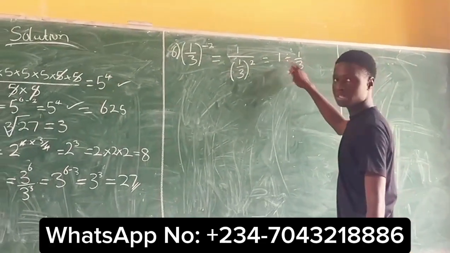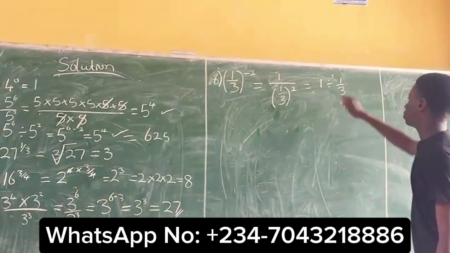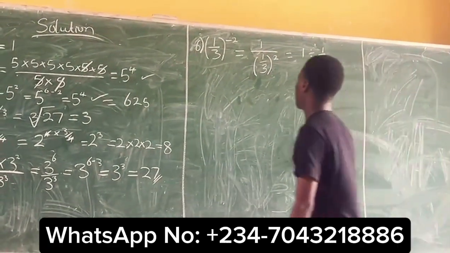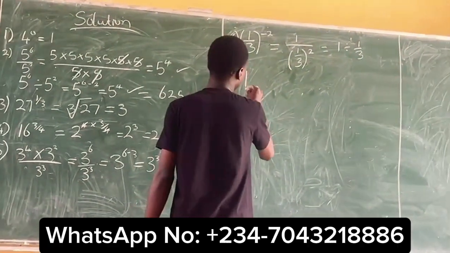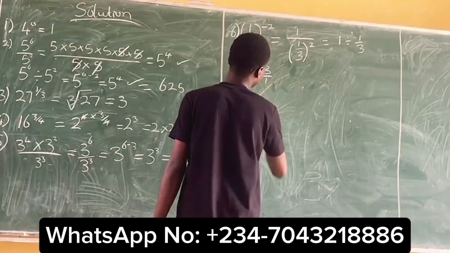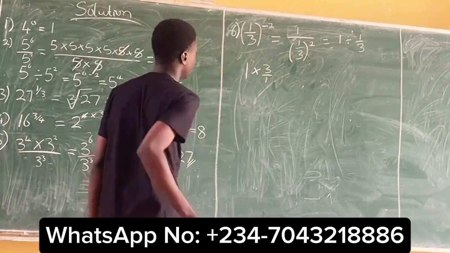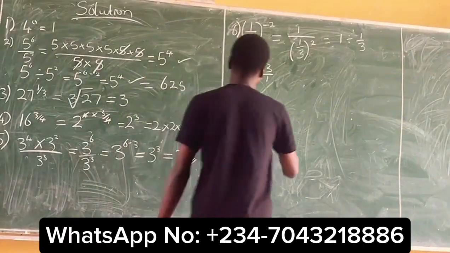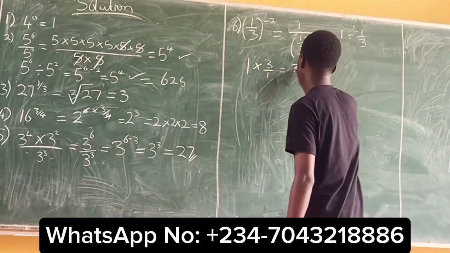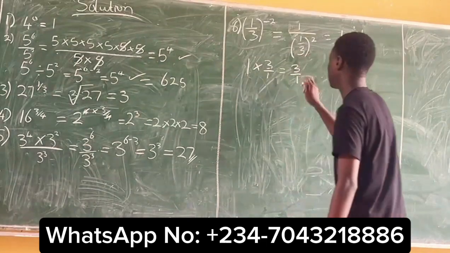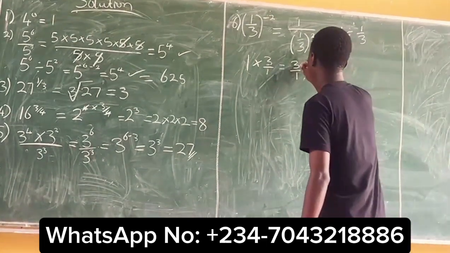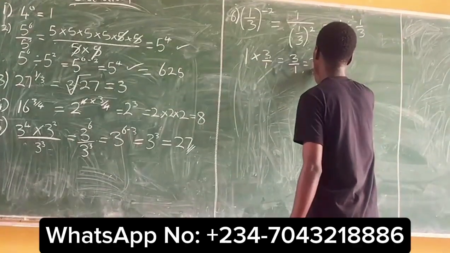If I'm having 1 divided by 1 over 3, I want to change this division sign to multiplication sign. I'll be having 1 times 3 all over 1. So 1 times 3 divided by 1 is the same thing as 3 all over 1, and 3 all over 1 is still 3.